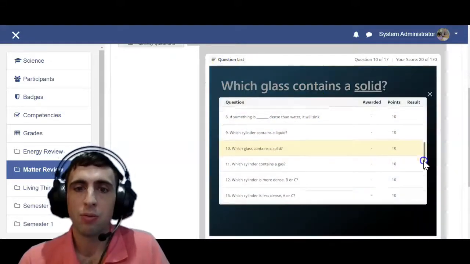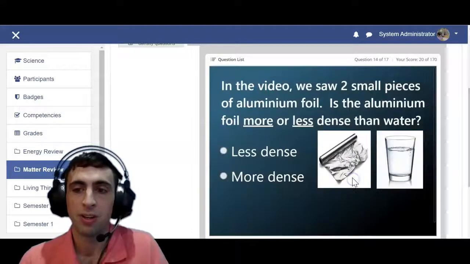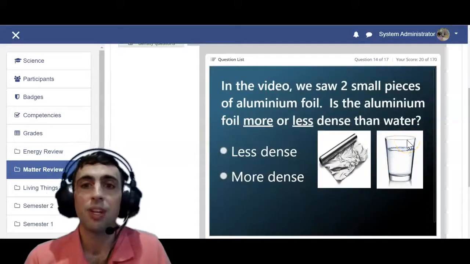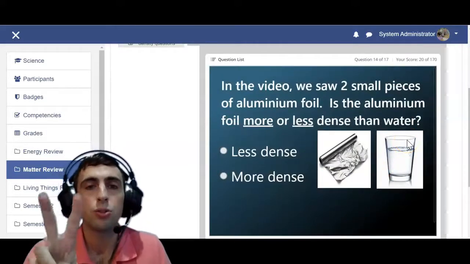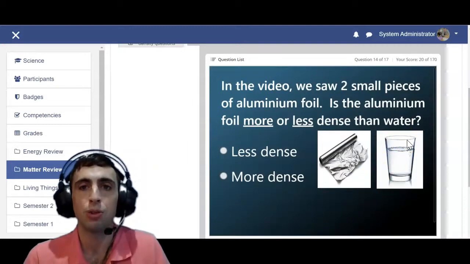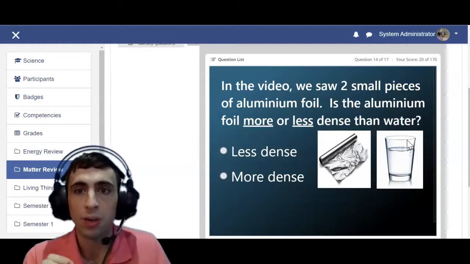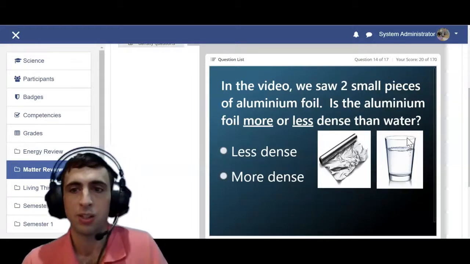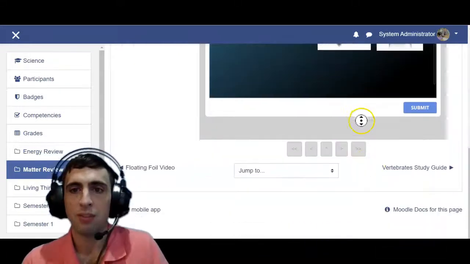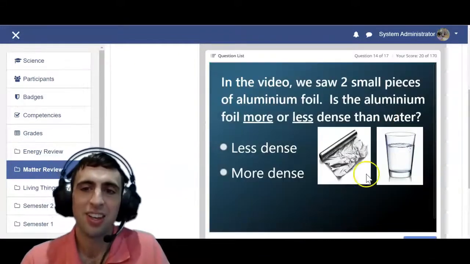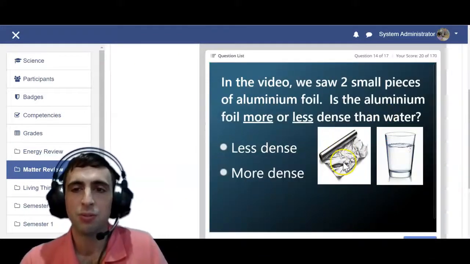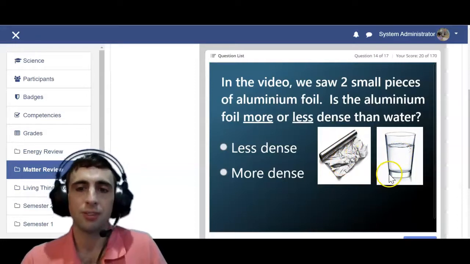Questions about foil, like our video. In the video, we saw two small pieces of aluminum foil. Is the aluminum foil more or less dense than water? Here we have the aluminum foil and some water.